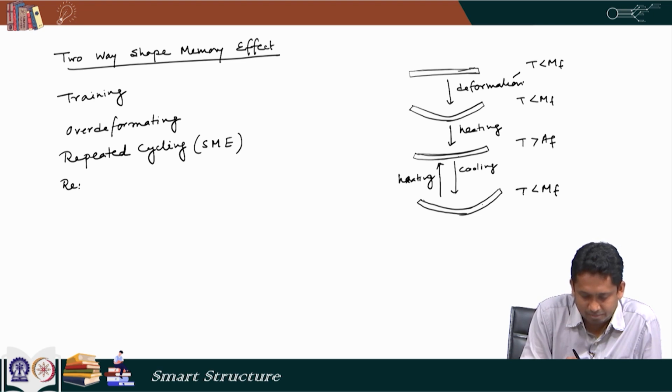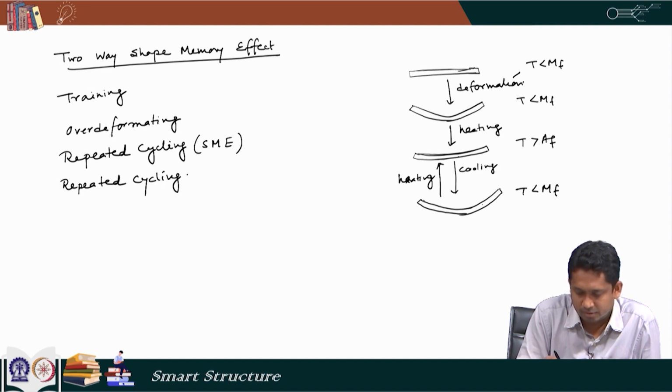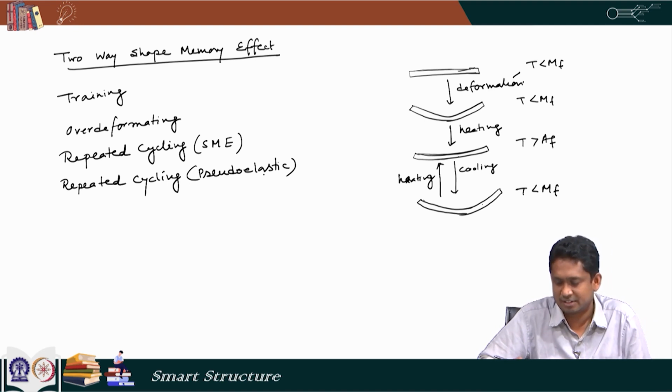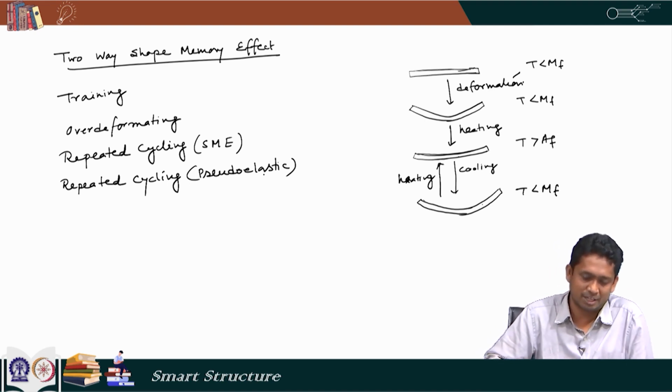There can also be repeated cycling which is pseudo elastic. Pseudo elastic means our temperature is constant, we are cycling the stress, and the pseudo elastic behavior is observed, and that is cycled quite a few times.